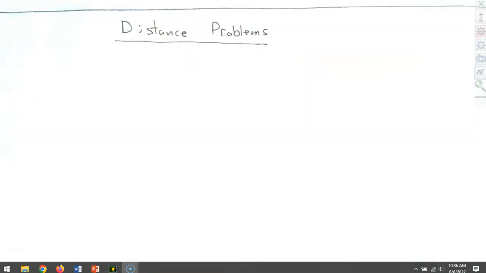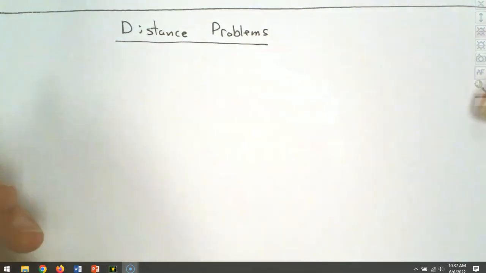When we look at the distance problems, we represent them with arrows. Okay? And these are going to be our vectors. Now, they can either add together, equal each other, or subtract from each other.